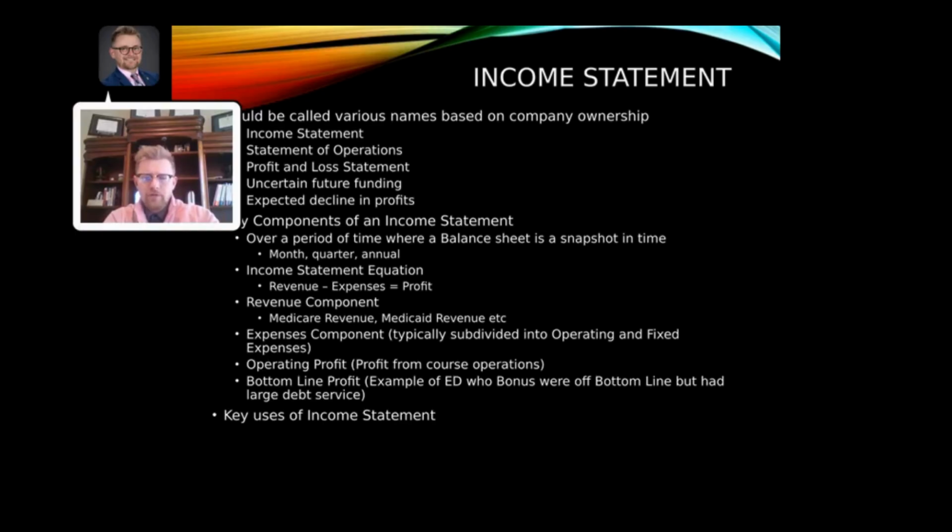What is your profit? And the reason why that's important, and here I do have one real world example of how this was critically important, the difference between operating profit and your pure bottom line, is there was an ED that worked for a company and he had a new RDO.